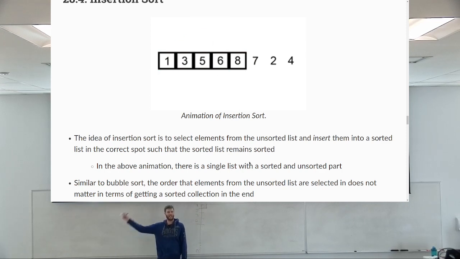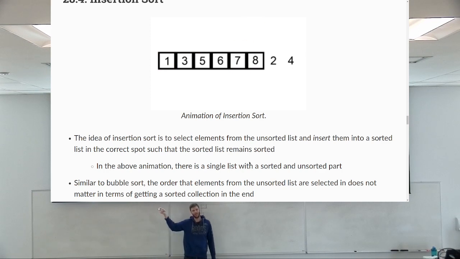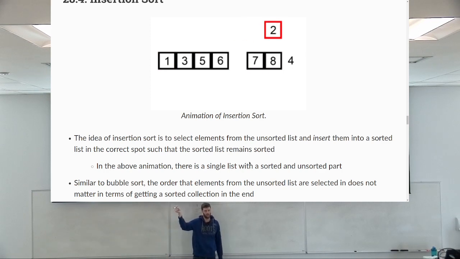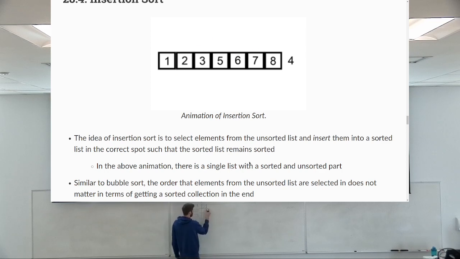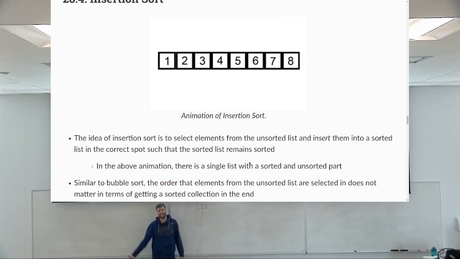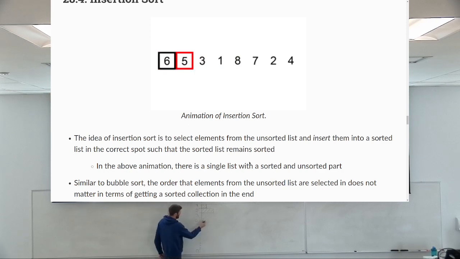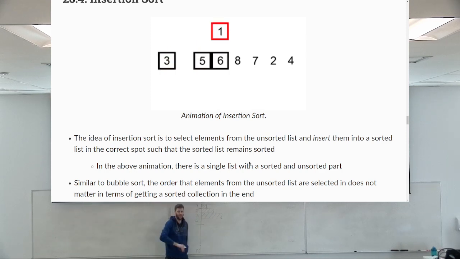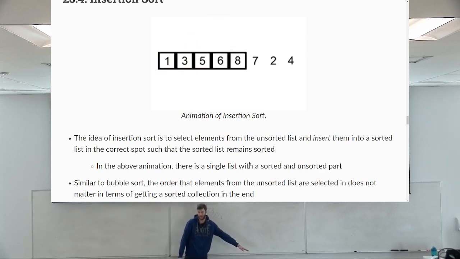I take out the next thing. Well, now I actually need to compare it to something. I take out the next thing. Now I need to compare it to something. Every time I remove something from here and go to add it there, this list gets smaller, but this list gets bigger.